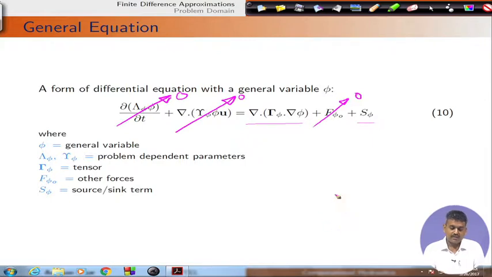In this case, in the del operator we are considering only variation of x and variation of y. These are unit vectors in x and y directions. So, this is the del operator.